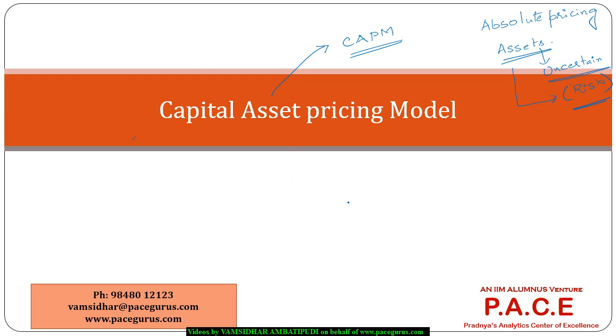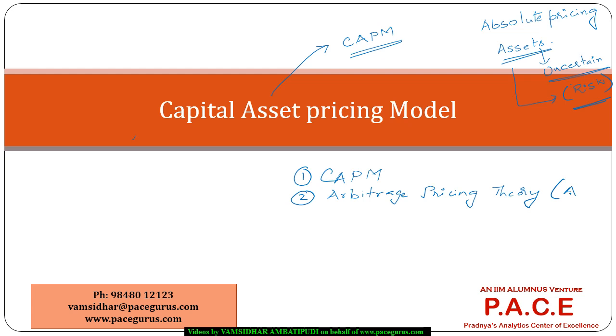And just theoretically, to give you some insight, there are two major models. I'm just saying major because there are so many other asset pricing models in place, but one is the capital asset pricing model, which I am going to deal with now, and we also have another important model, arbitrage pricing theory, which is built upon the CAPM model.